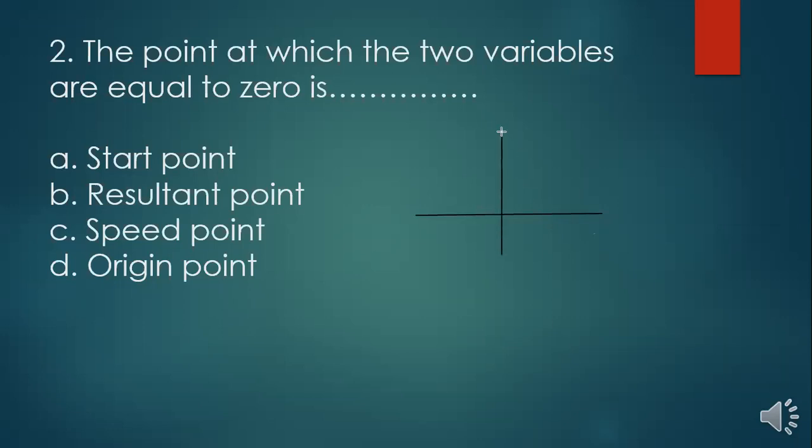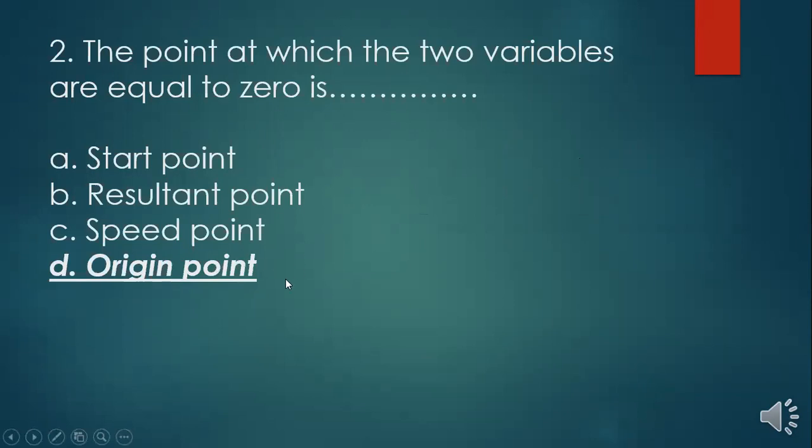If we have an x and y axis, the point at the origin, which is right here, where all the variables are equal to zero on the y-axis and on the x-axis, right? This point is called the origin point or point of origin, where all the variables are equal to zero, right? So here, this is an easy question. The answer is D, right?